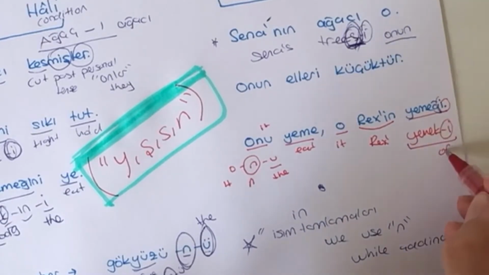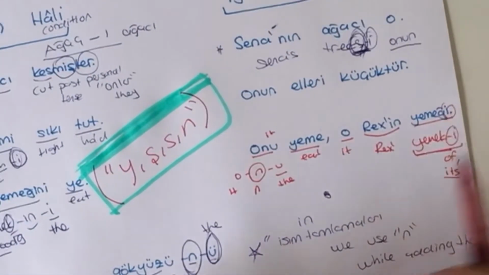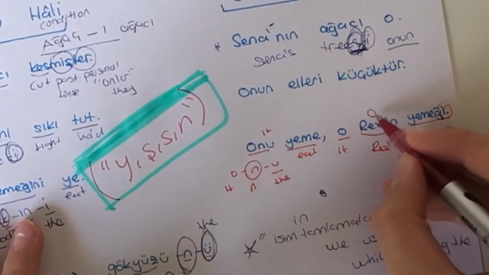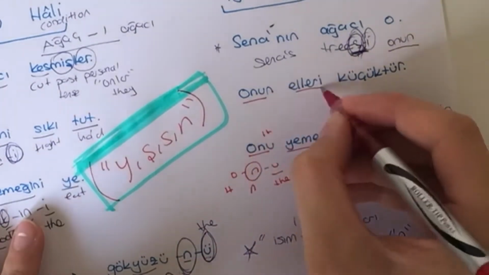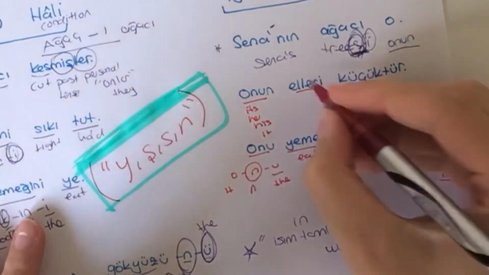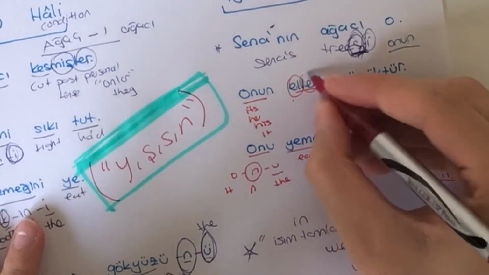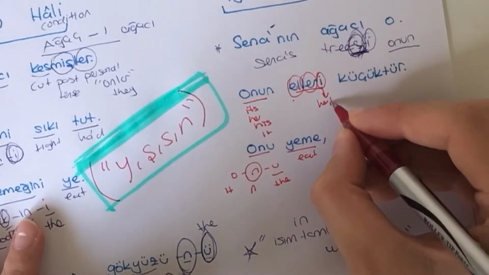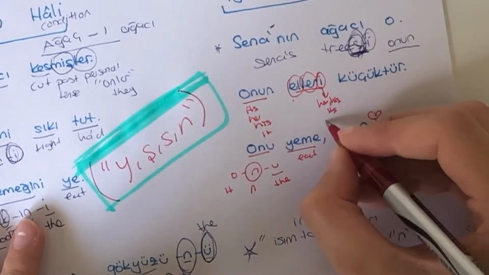This is like of and meaning it's, so it's Rex's food. Don't eat it, it's Rex's food. Rex is my dog. So, onun elleri. It's or her, his. Eller, el, hand, ler, plural suffix, elleri. This is her, his. It's a possessive suffix.